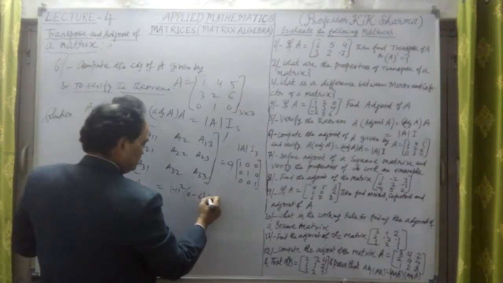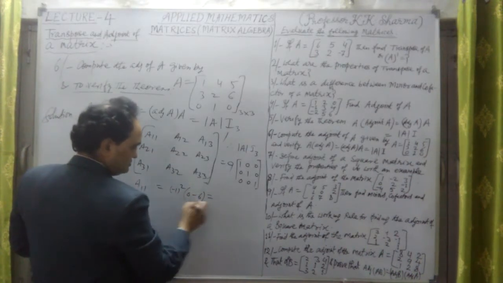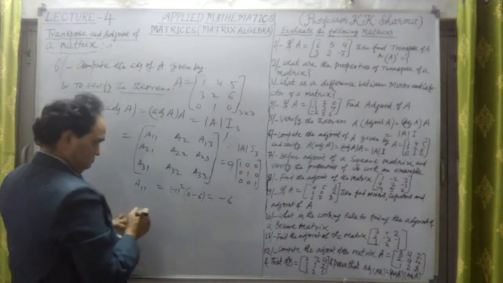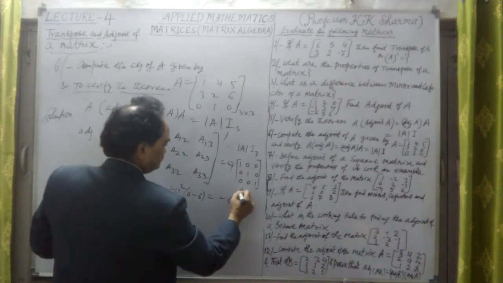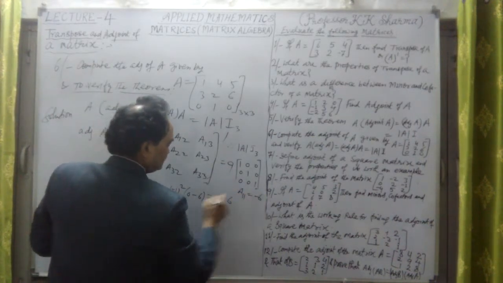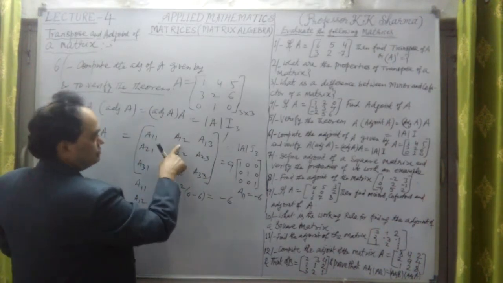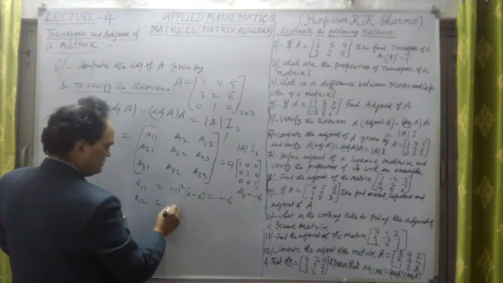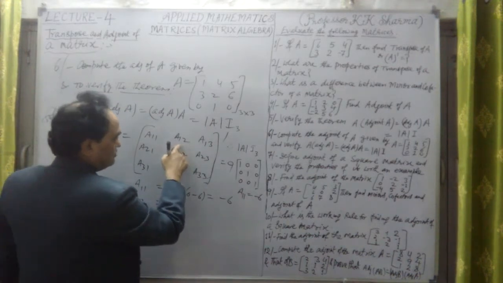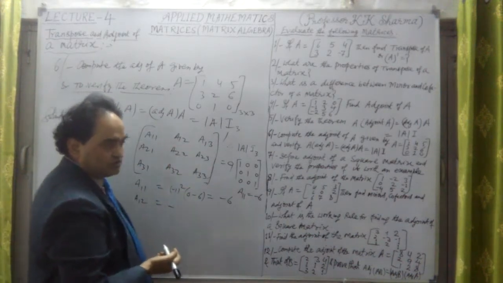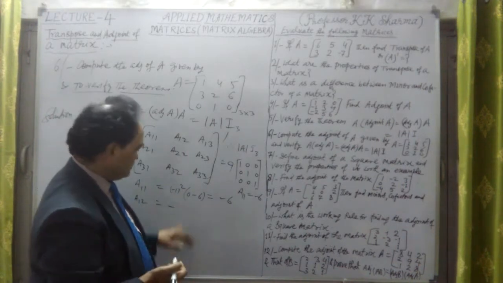So A11 is minus 6. Now A12 is negative, let me put a minus sign because it's an odd number. 1 plus 2 is 3, minus 1 to the power 3 is negative.